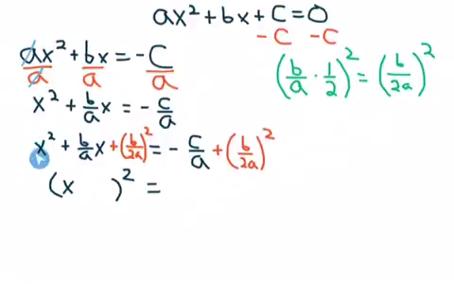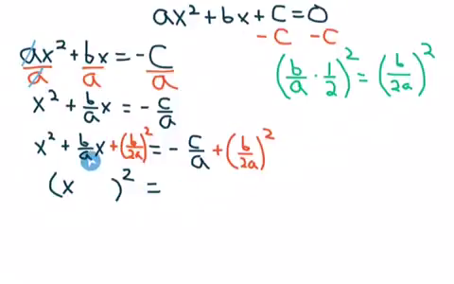Okay, so this perfect square trinomial can be factored to look something like this, but we need to add something inside these parentheses. What do you think? What do we need to add right here in this blank to factor this perfect square trinomial?